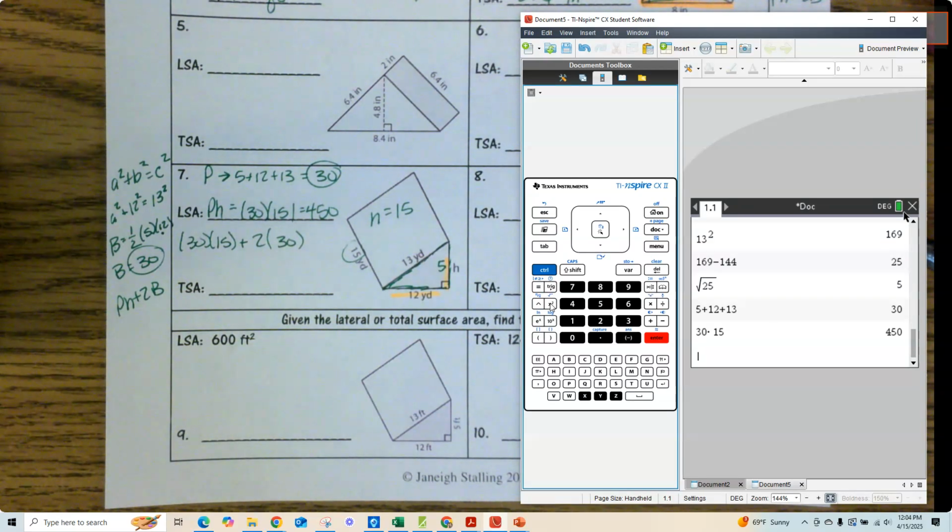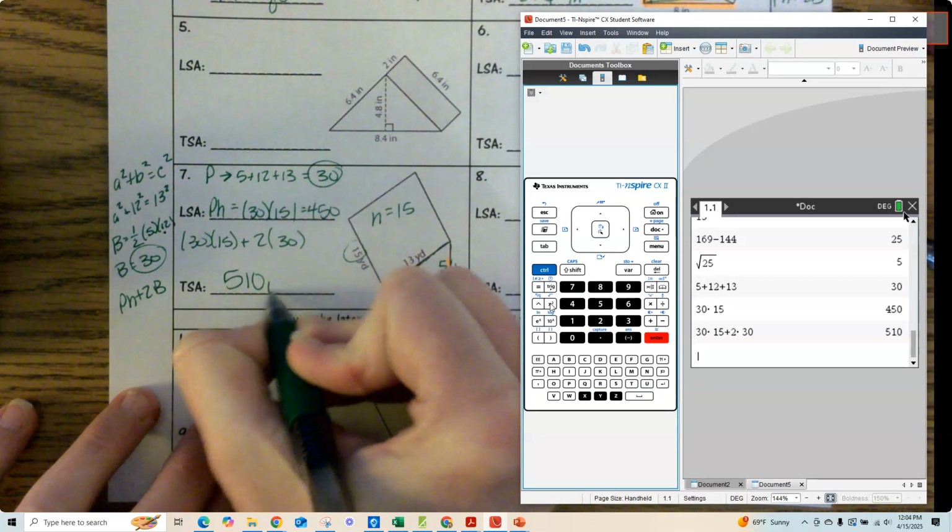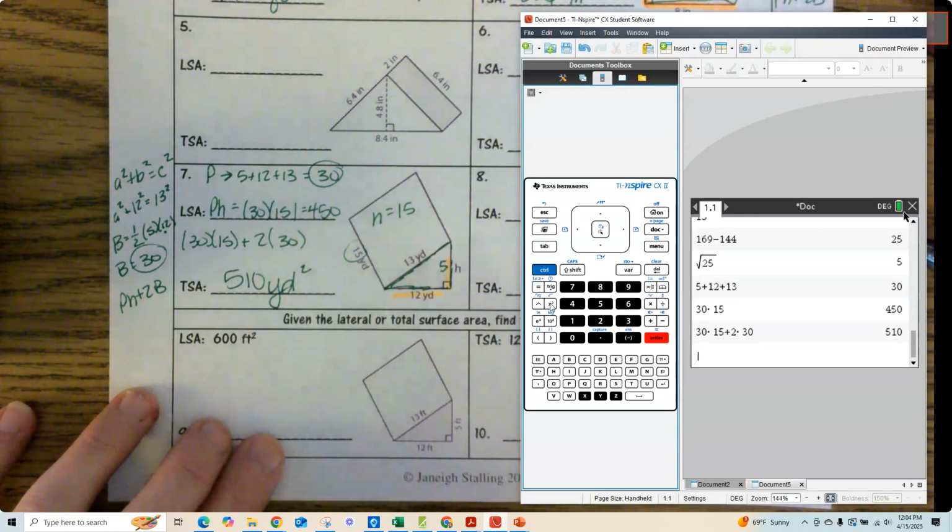Another one where we had that repeat happen. Oh. All right. And that one's going to be 510 yards squared.